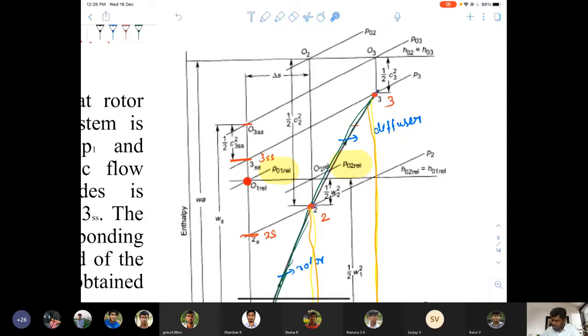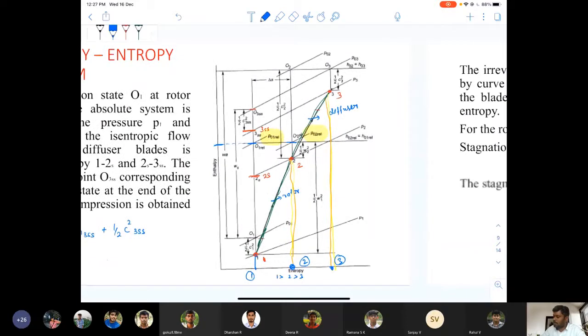Okay. That is this point. Therefore, the enthalpy remains constant. If you consider this point 2, you can see the enthalpy of the system remains constant.